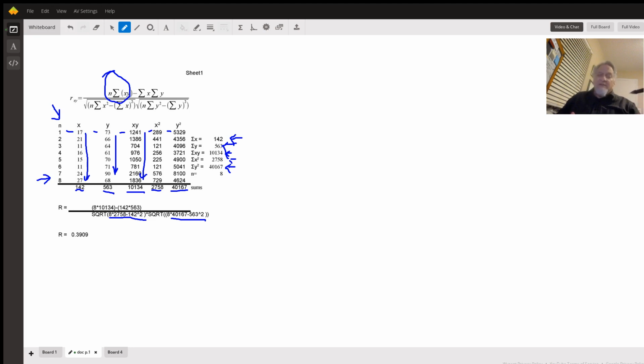When you're doing calculations by computer, to avoid certain problems that can occur with this method, they use a slightly different formula. So be careful when you're looking up your formulas in your book. Each one is the same thing, just twisted around to make the calculations better for a different way of calculating. I recommend this one if you're going to be calculating by hand. And that is the end.